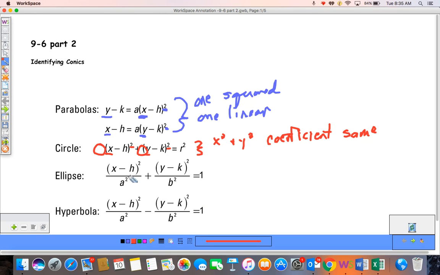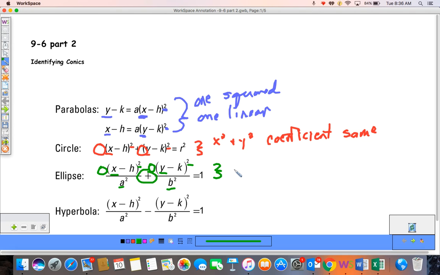Now, a circle and ellipse, as you know, are pretty close to being the same thing. So that's what we're going to have here. We're going to have an x squared and a y squared. Notice that they're going to be added together. They're both going to be positive, and they're going to have different numbers in front, which is where the a squared and b squared really come from.